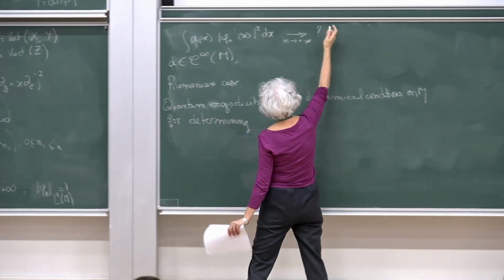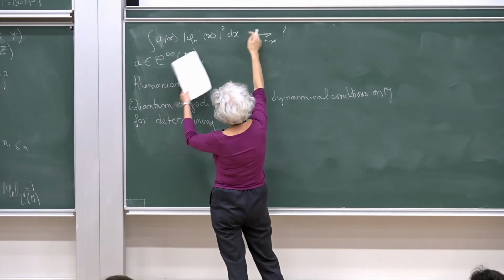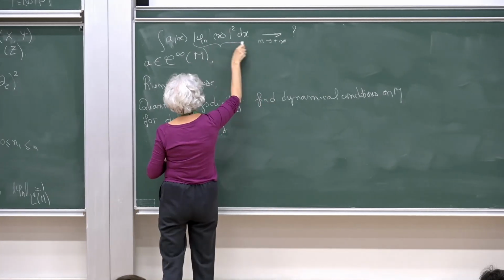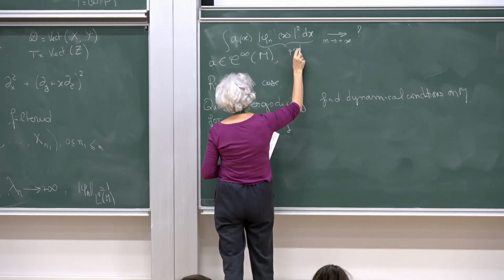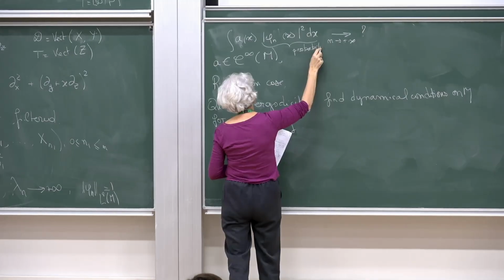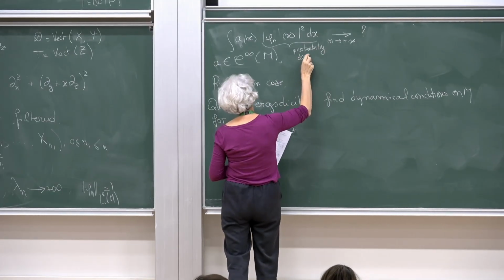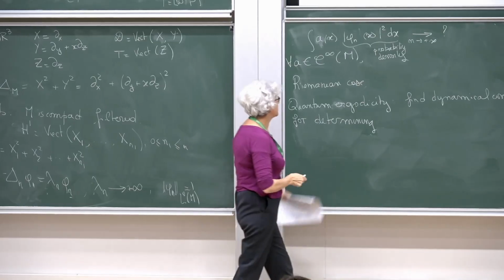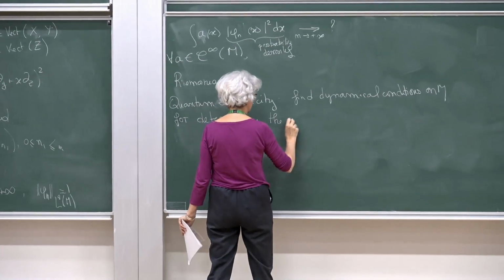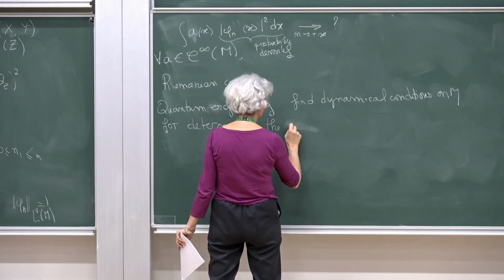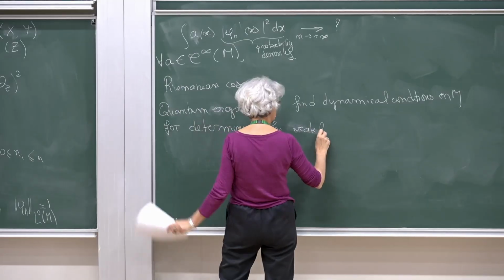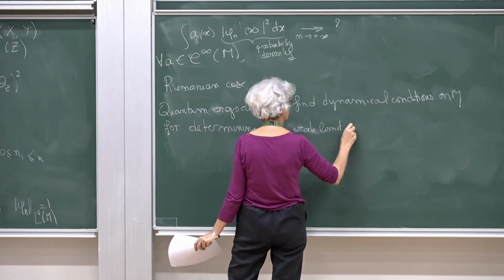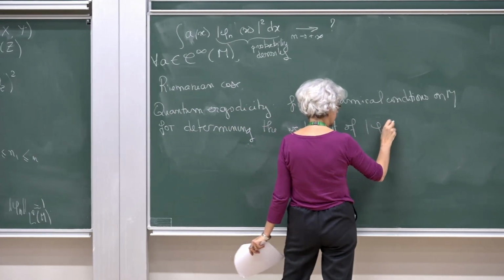So the limit here, more or less, we are looking for a measure because this is the probability density, and we are looking at the weak limit of this probability density. Okay. And so for determining the weak limit, I'm testing against some a of phi n of x squared.